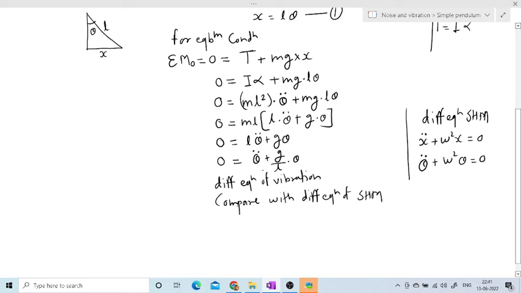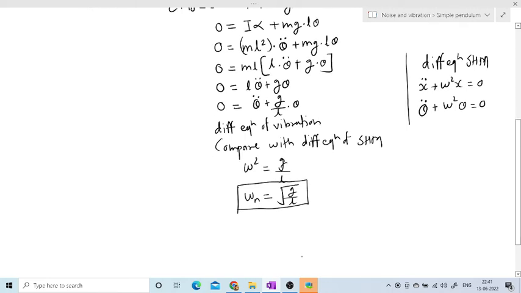When we compare, here we have theta double dot and theta, so omega square is nothing but g by L. So omega n, the natural circular frequency, will be root g by L. So this is the derivation for circular frequency.